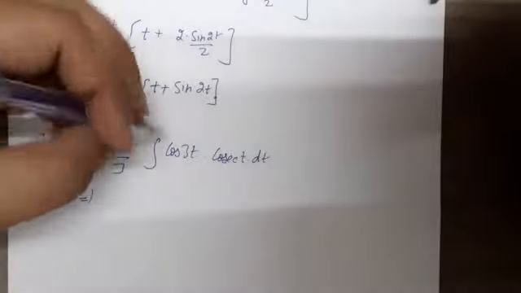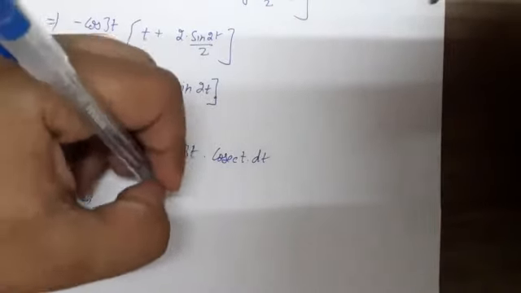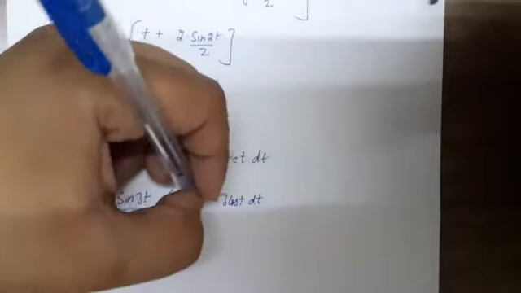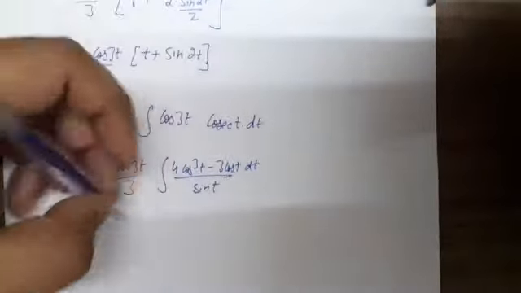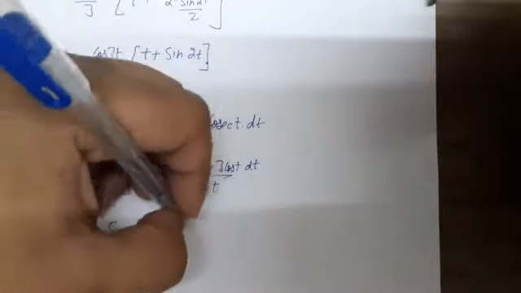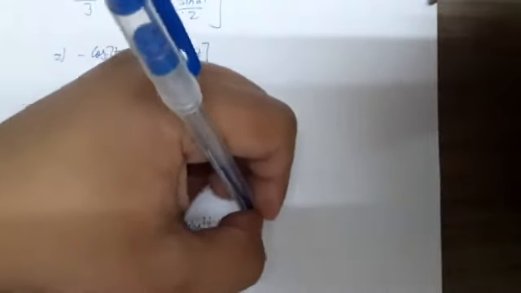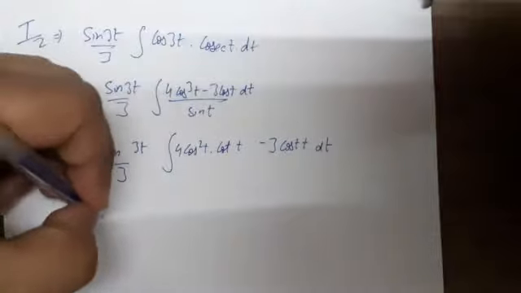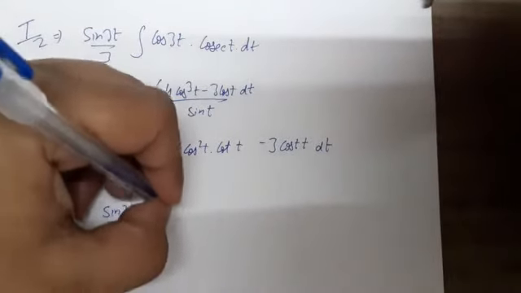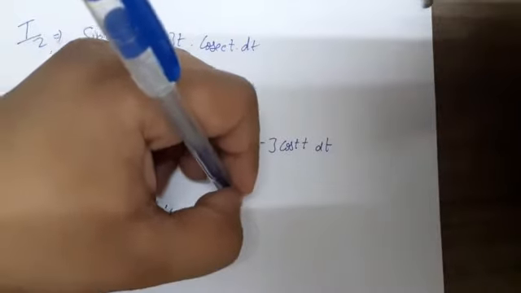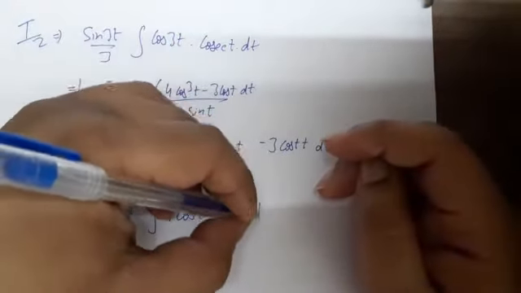Now on solving further, for cos 3t we will put 4 cos cube t minus 3 cos t, upon sin t, which equals sin 3t by 3 integration of 4 cos square t dot cot t minus 3 cot t dt, which will be sin 3t by 3 integration of 4 cot t times (cos square t minus 1).